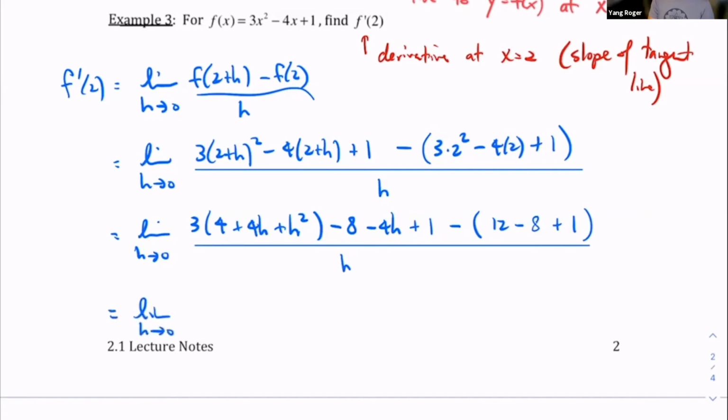This is going to be 12 plus, we have to distribute the 3 across all 3 terms, right? So this will be 12 plus 12h plus 3h squared minus 8 minus 4h plus 1 minus 12 plus 8 minus 1, all divided by h.